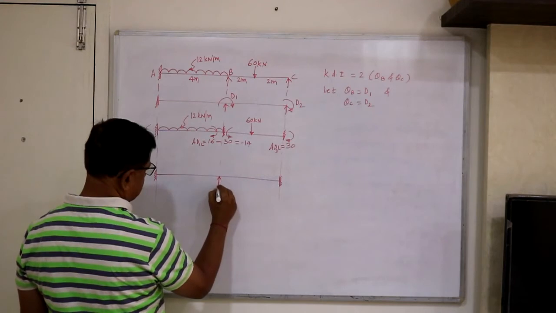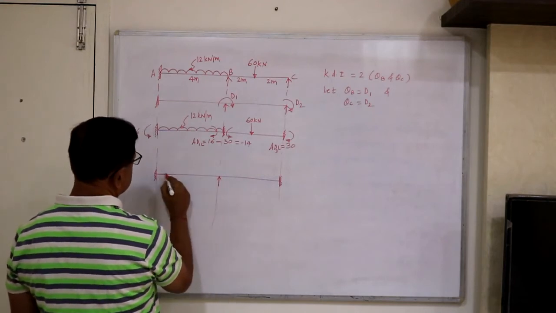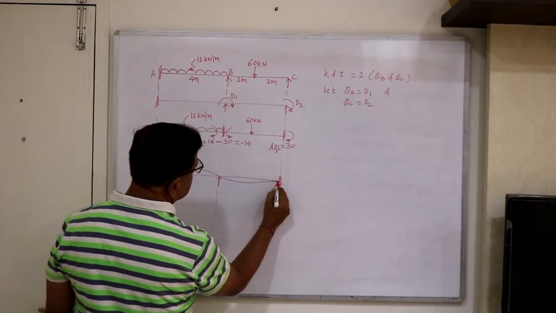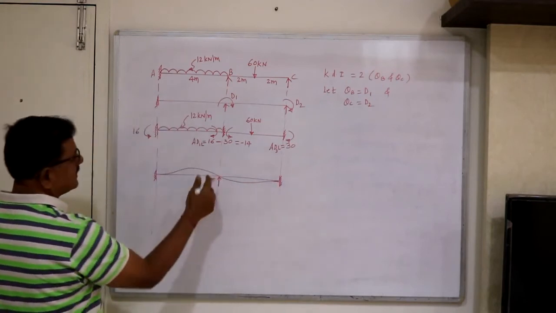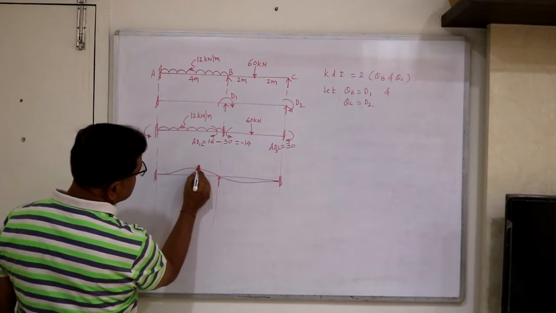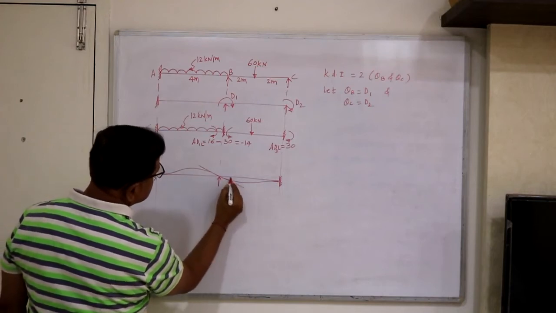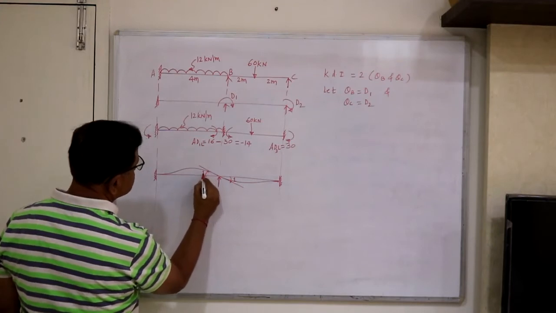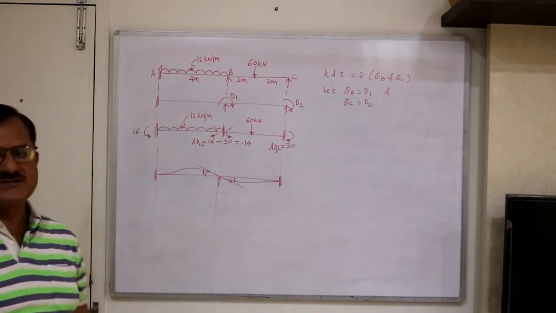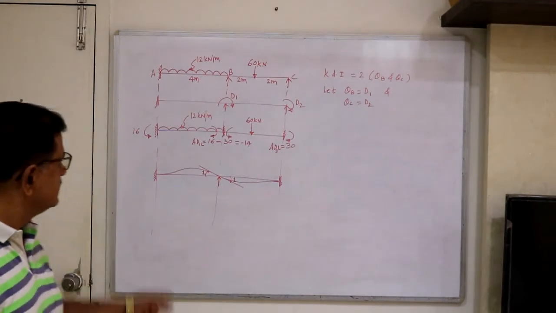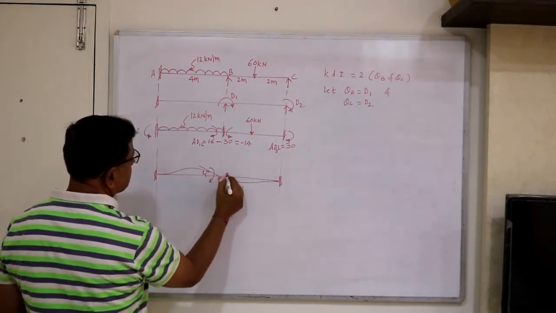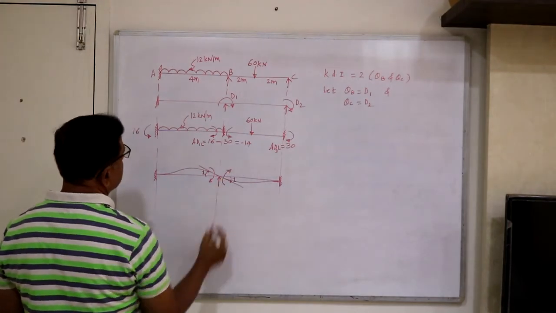Now here D1, in the direction of D1, if we give the unit rotation in a clockwise direction, so this will be rotated. So if you draw the tangent here and tangent here, say this is 1, this is 1. So when we introduce the unit rotation at B, then clockwise movement here will be developed.